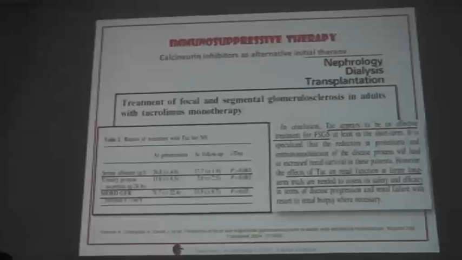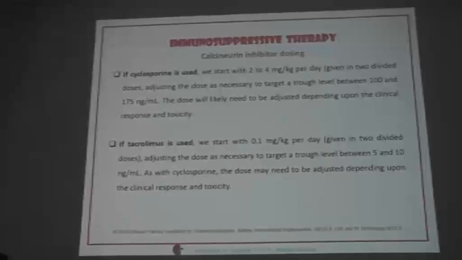The effect of TAC on renal function in this study was carried out in very few patients, and they concluded that it should be carried out on a larger scale to see the real response of focal segmental glomerulosclerosis to tacrolimus.